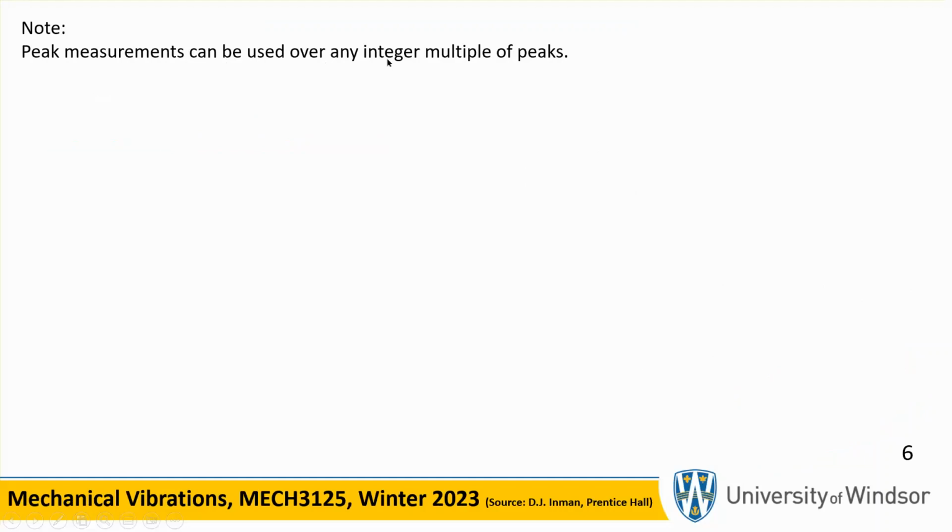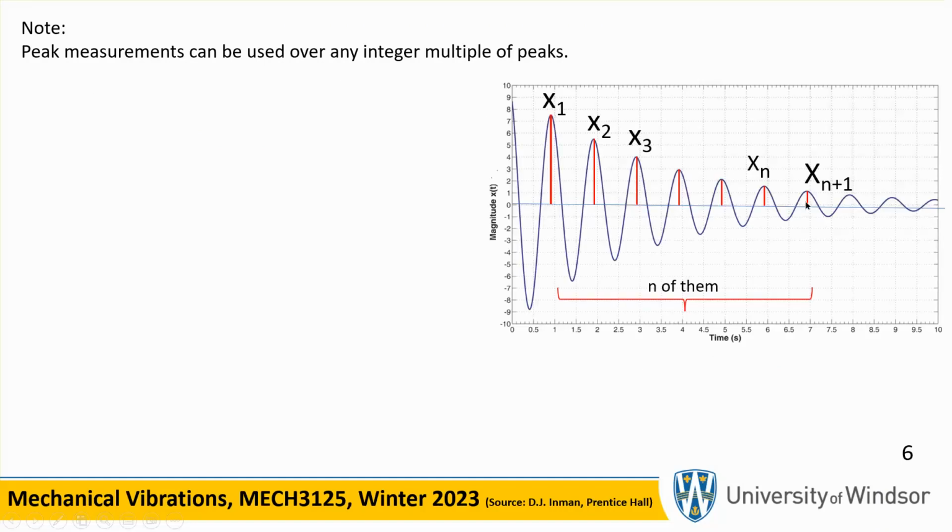Now, instead of taking two consecutive peaks, let me take x1 and all the way to xn plus 1. So let me consider all of these. Instead of relying on x1 and x2 to come up with delta, I can use x1 and all of these things to come up with the estimate of delta, the logarithmic decrement.